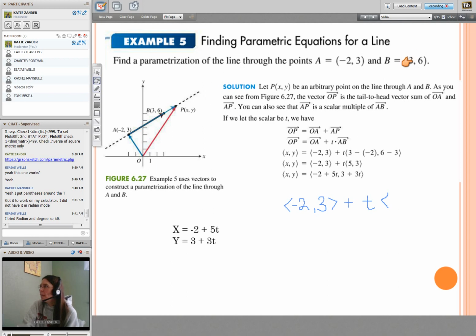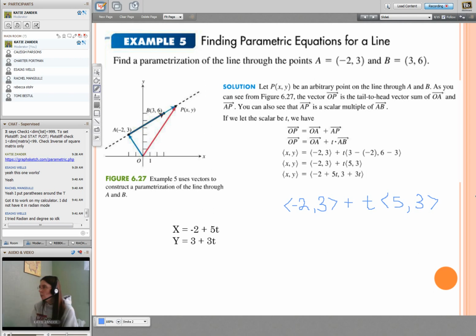So point B is going to be that terminal point, and point A is going to be the initial point. So when we subtract here, we always do B minus A. So 3 minus negative 2, 3 minus negative 2, that turns into a plus sign for a 5. And 6 minus 3 is just a 3.